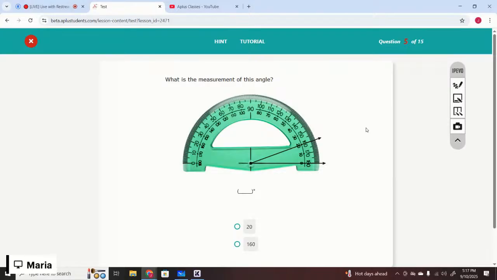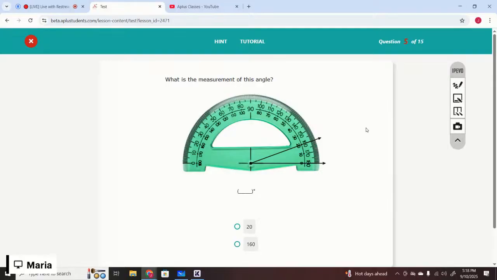What is the measurement of this angle? If you can see that one of the lines is lined up with a zero.